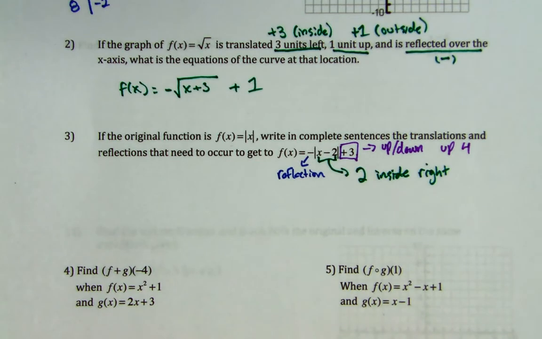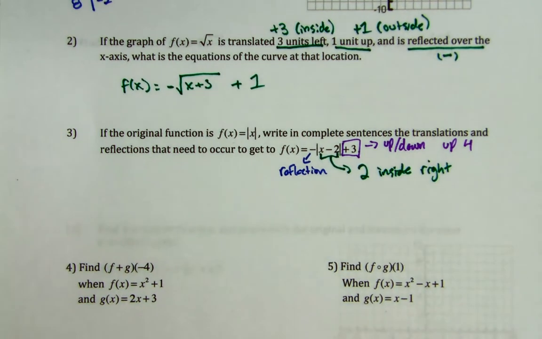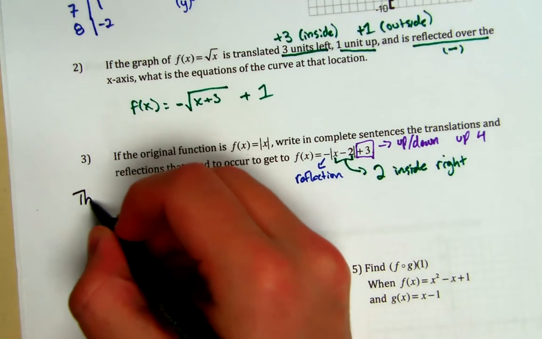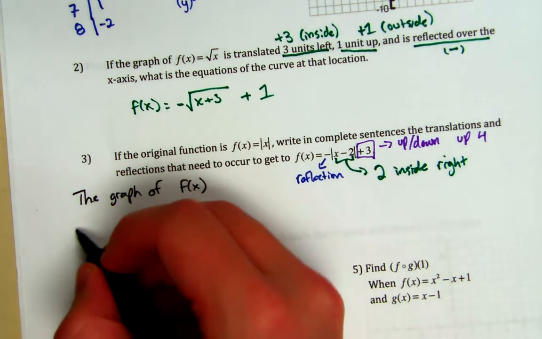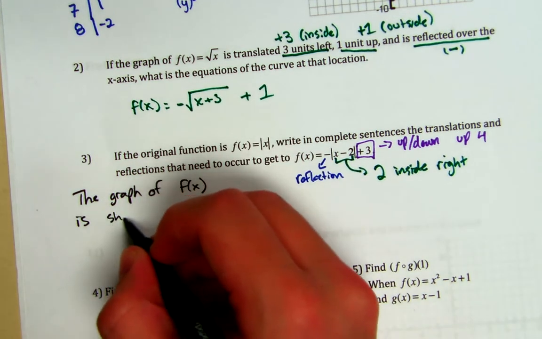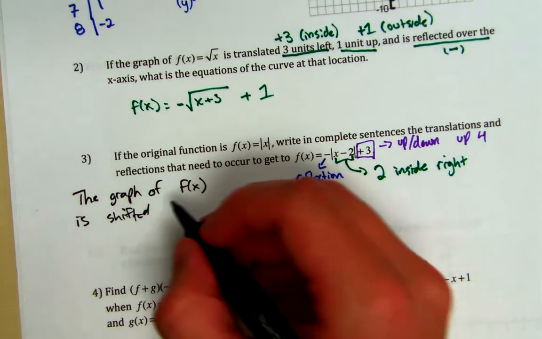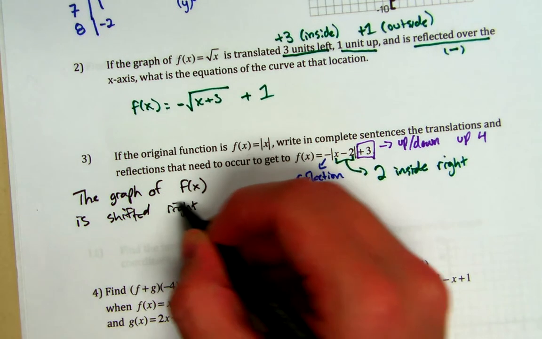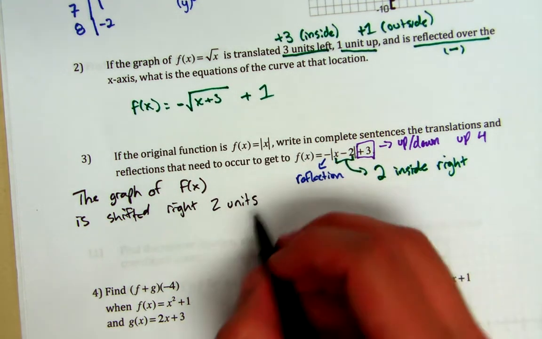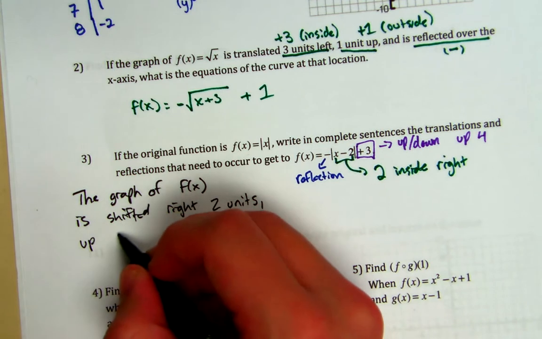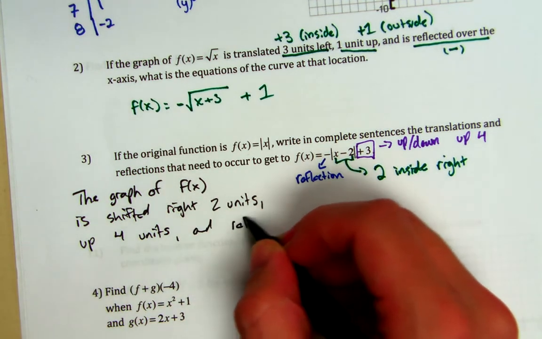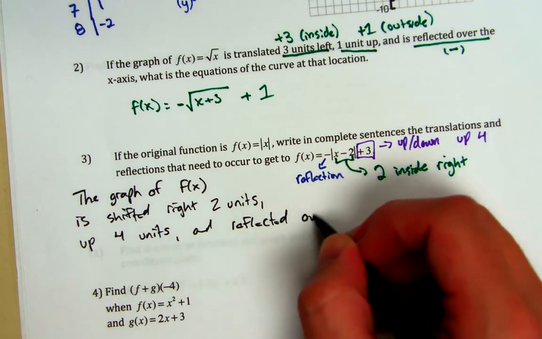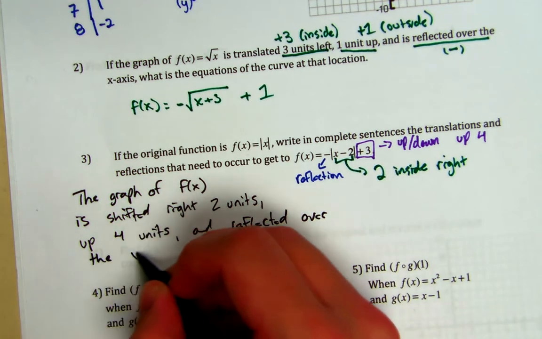So putting this all together, what do we end up with? Well, the graph of f of x is shifted right 2 units, up 4 units, and reflected over the x-axis.